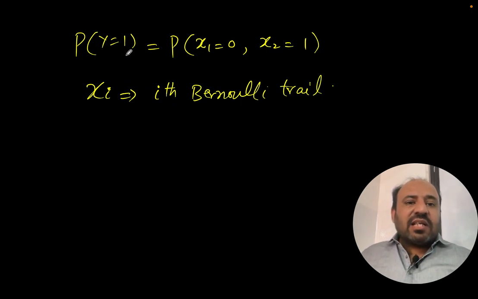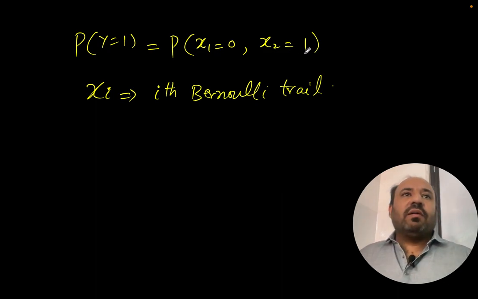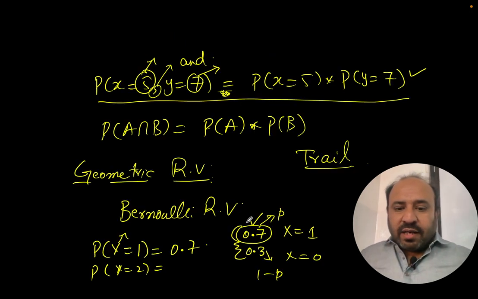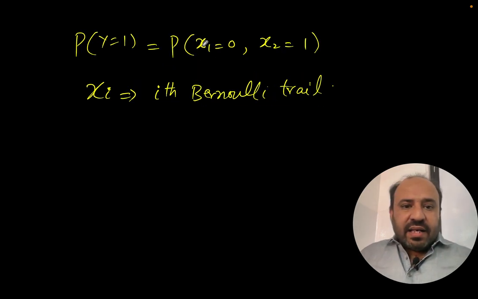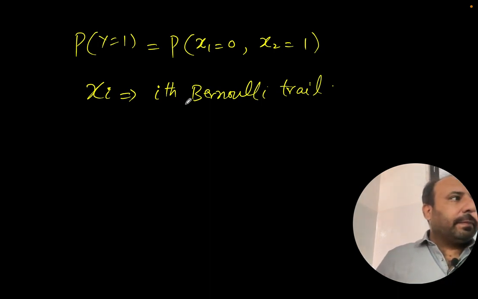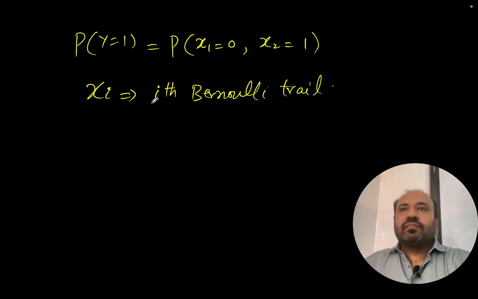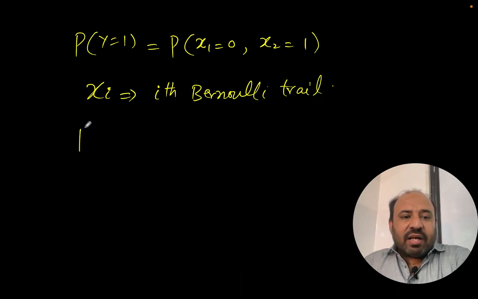So the probability that y is equal to 2 is basically the probability that x1, which is a random variable, is 0 and x2 is 1. x1 is a Bernoulli random variable, x2 is also a Bernoulli random variable. When I say xi, I'm saying the ith Bernoulli trial, ith toss. So basically I'm asking what's the probability that x1 is 0 and x2 is 1.